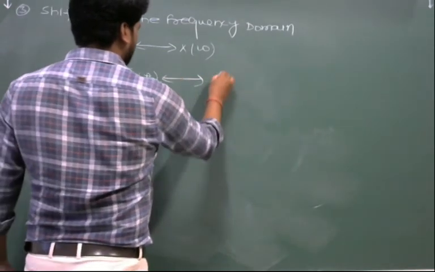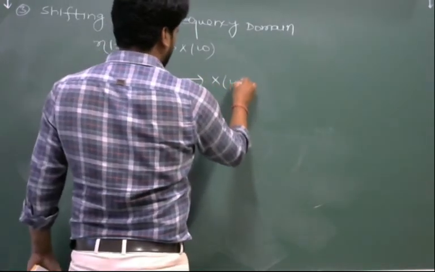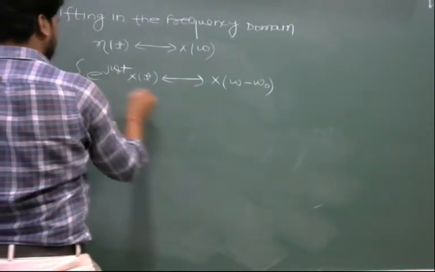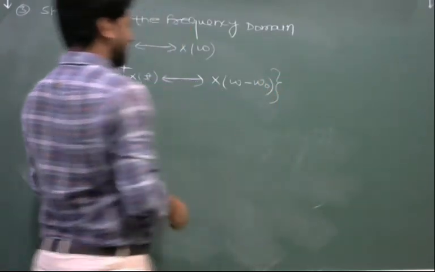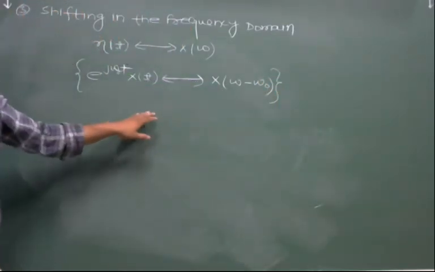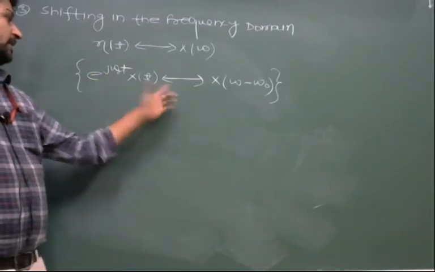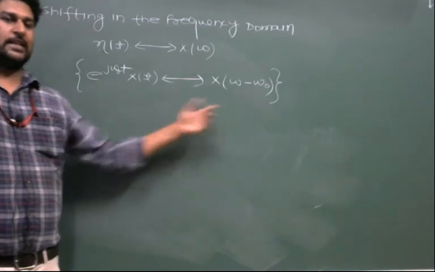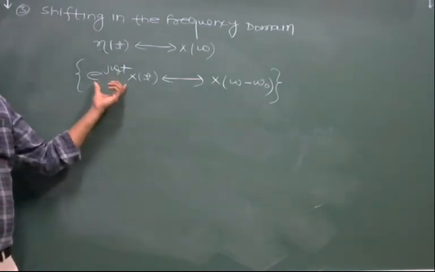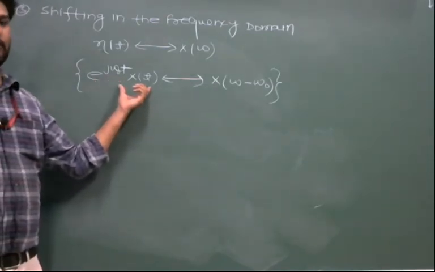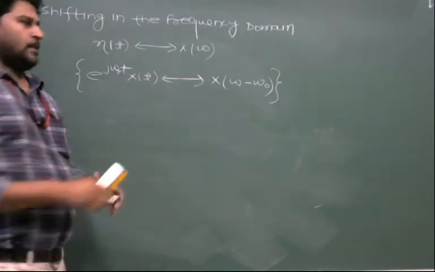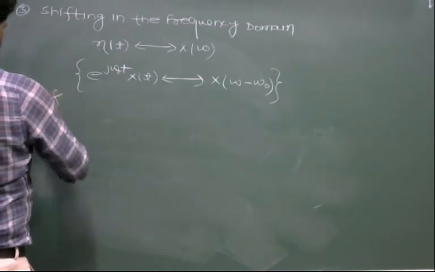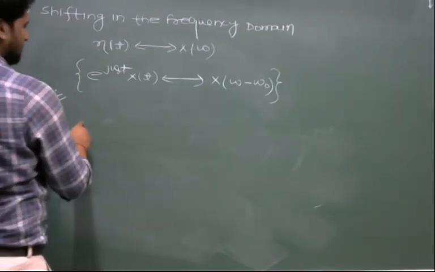When the signal is shifted in the frequency domain to the right, then the signal in the time domain will be multiplied by e power plus j omega naught into t. Look into the proof of this property.